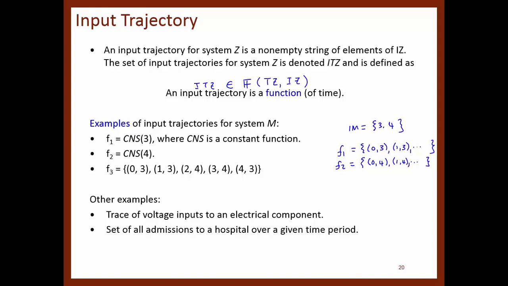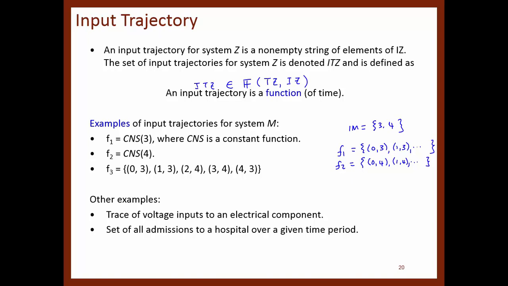If you're looking, for instance, at the attendance of this classroom, some of you will arrive before time, some on time, some after the start of the class. If you're trying to represent that behavior, then you can link: student 1 arrives at this time, student 2 arrives at this time, student 3 arrives at this time. That is an input trajectory for the attendance in this class.